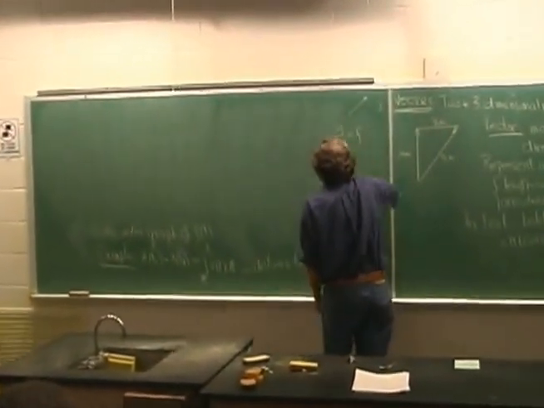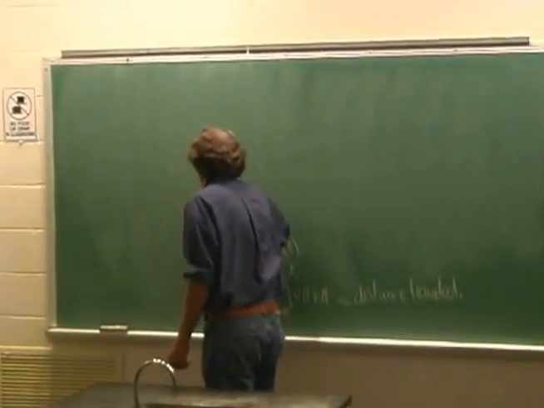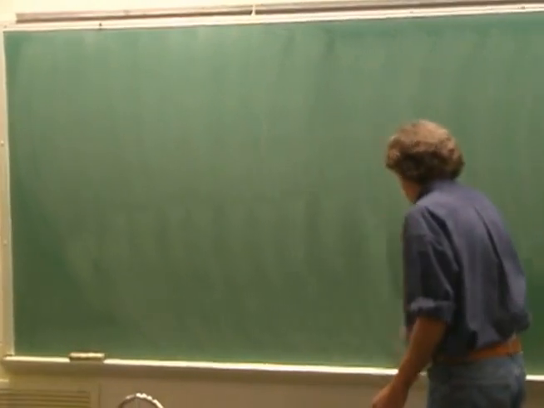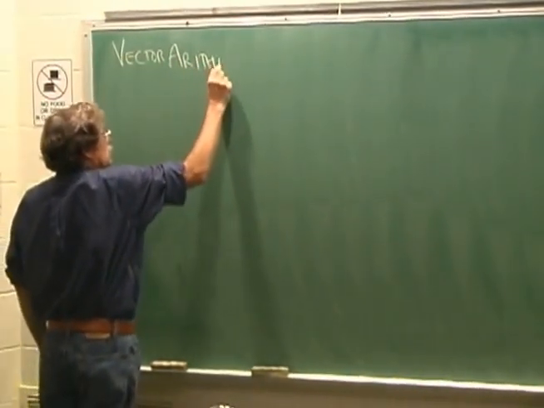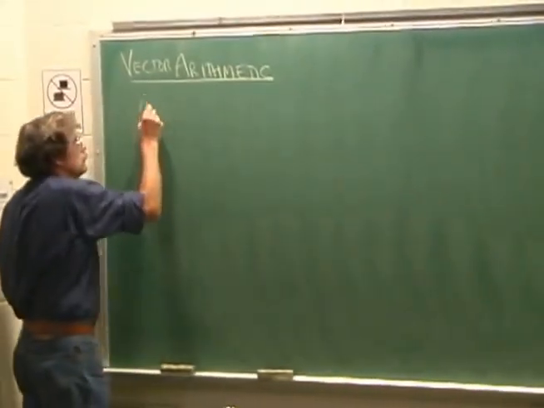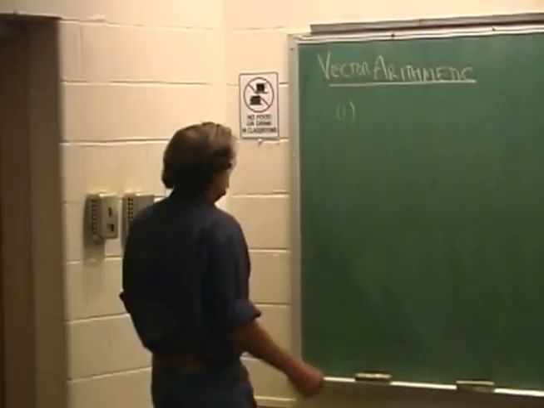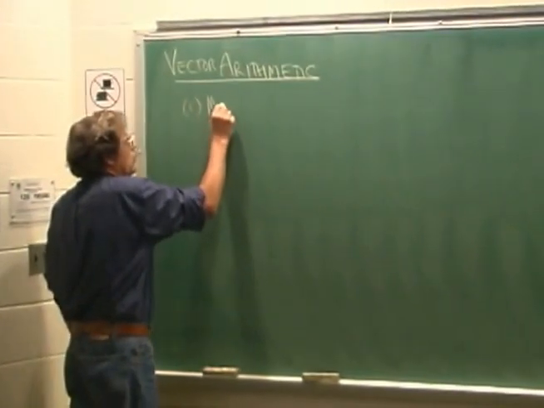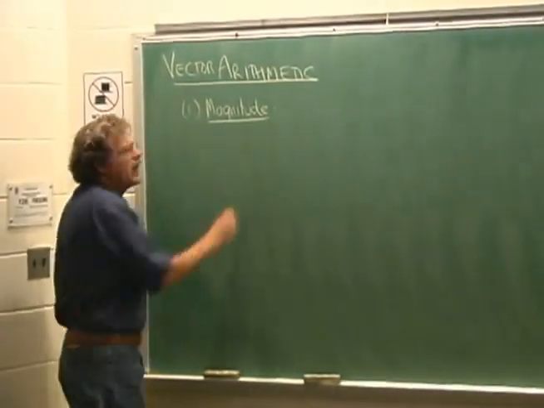Now, what can you do with vectors? The rules of vector arithmetic. Or in some cases this is even just a piece of notation. Magnitude. How am I going to denote the magnitude of a vector?